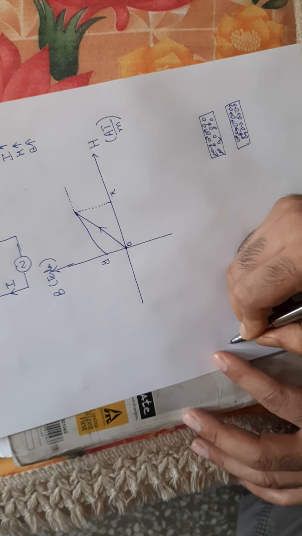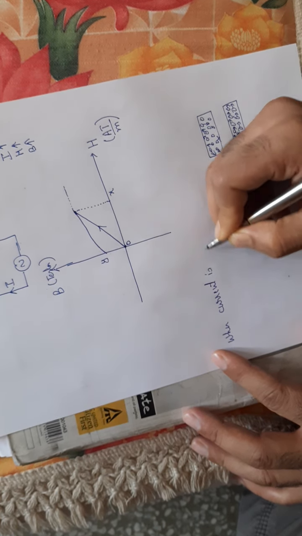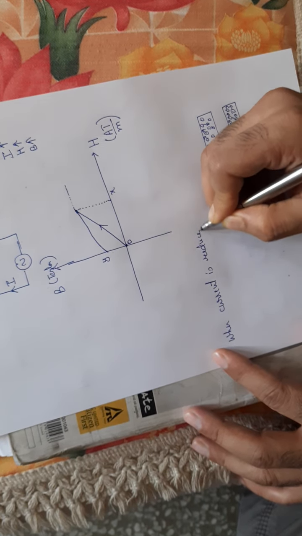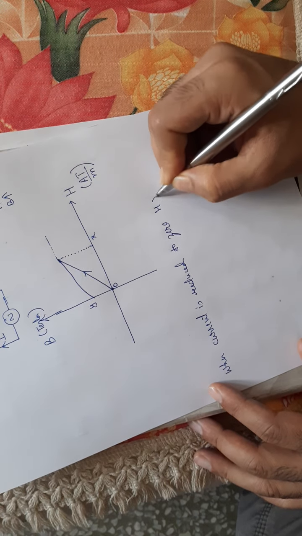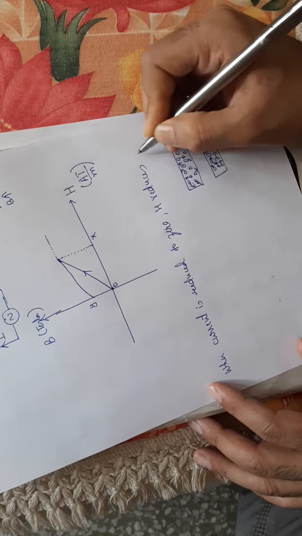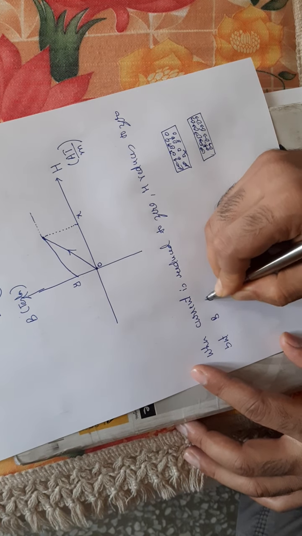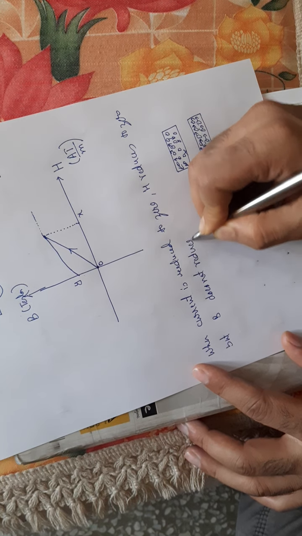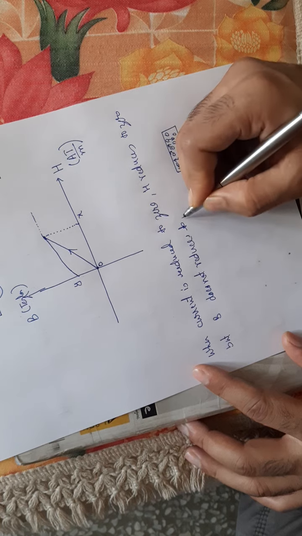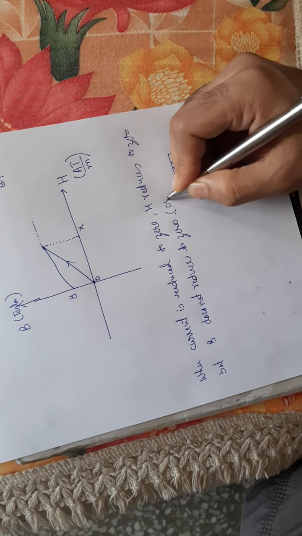When current is reduced to 0, H reduces to 0, but B does not reduce to 0. B is given here by O small y.